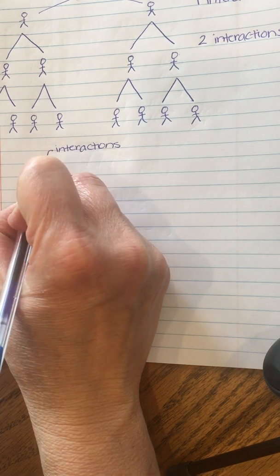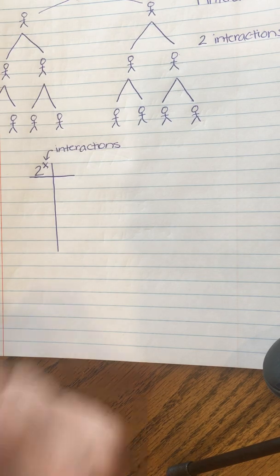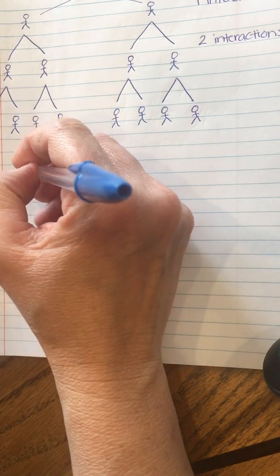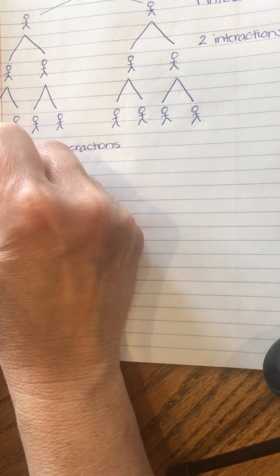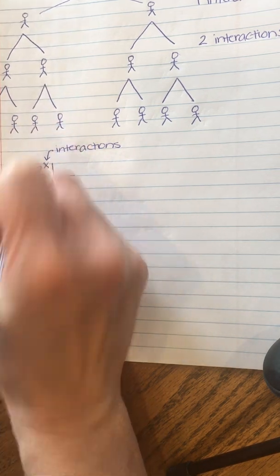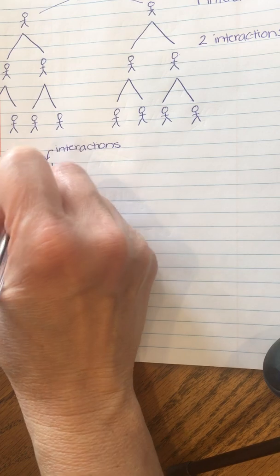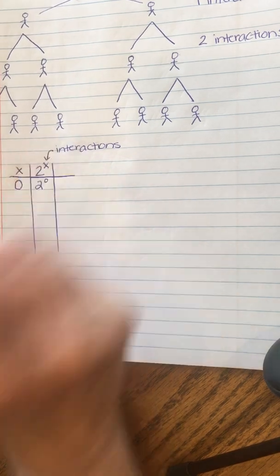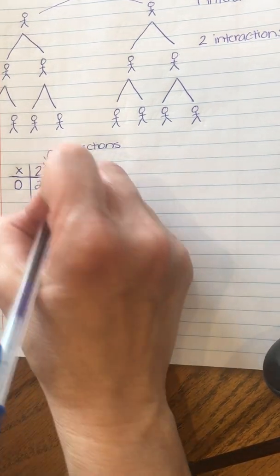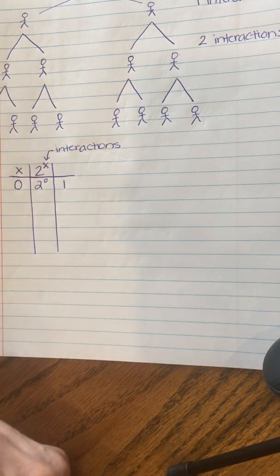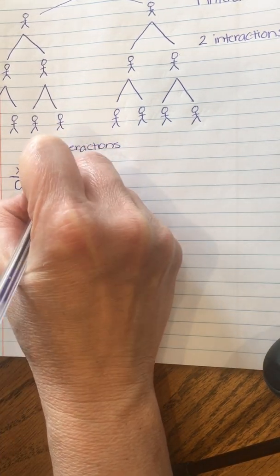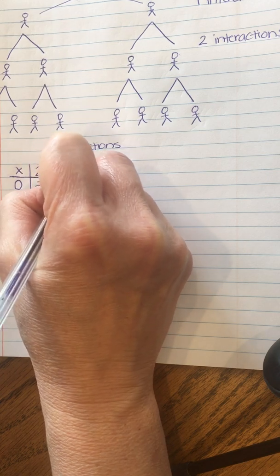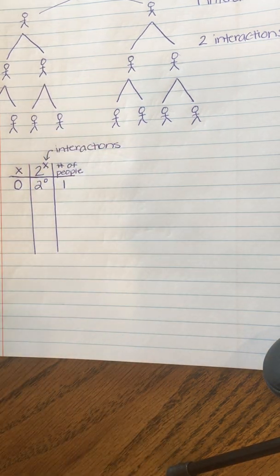So if we have 0 interactions, I think I'm going to add another column here. We'll label this one X. If we have 0 interactions, that means it would be 2 to the 0 power, which would mean 1 person. Let's put number of people up here just so that we can keep track of what we're talking about.